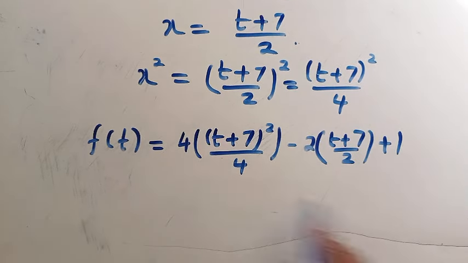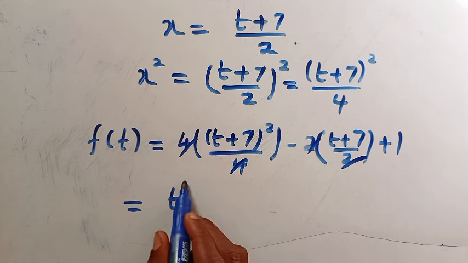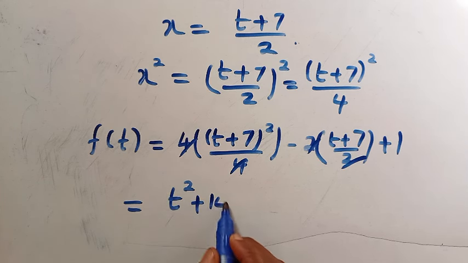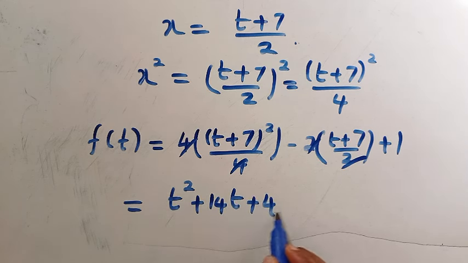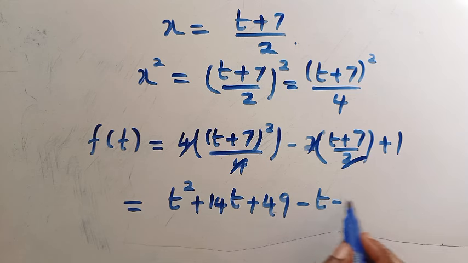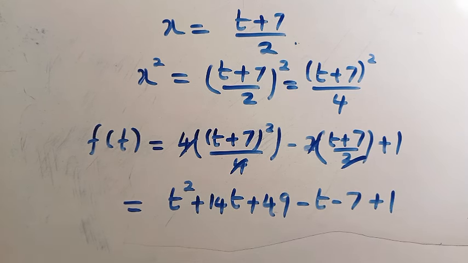By cutting this and these two as well, we are going to have t squared plus 14t plus 49 minus t minus 7 plus 1.